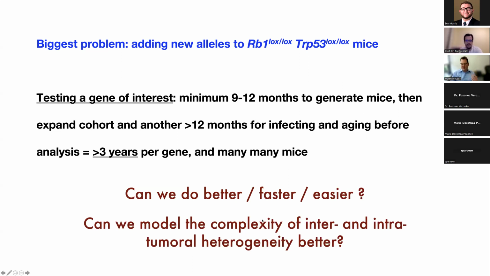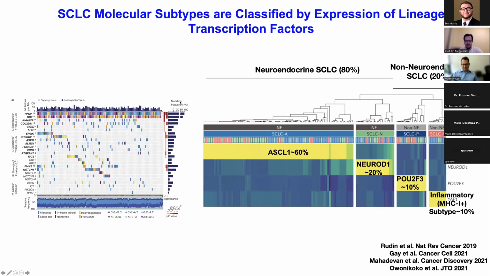And then can we start to model some of the complexity of either genetic co-occurring mutations or inter- and intratumoral heterogeneity? And so now we appreciate that not only is there genetic diversity of small cell lung cancer, there's massive transcriptional diversity of small cell lung cancer.